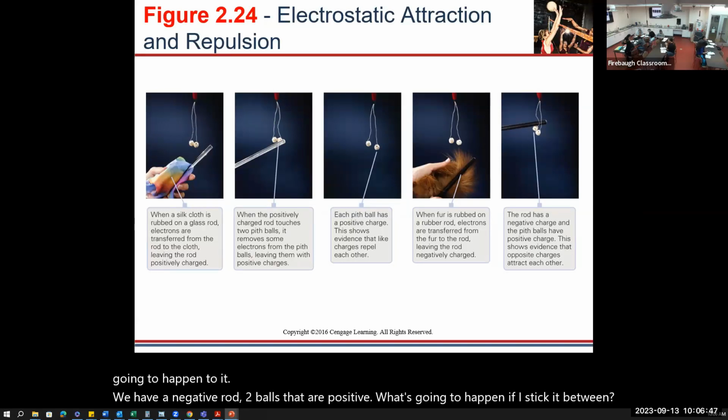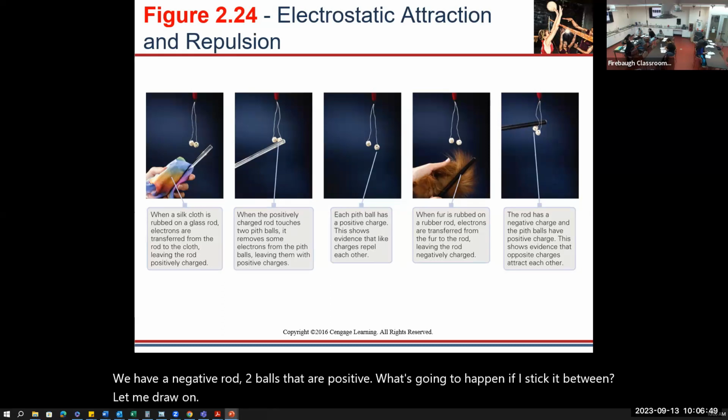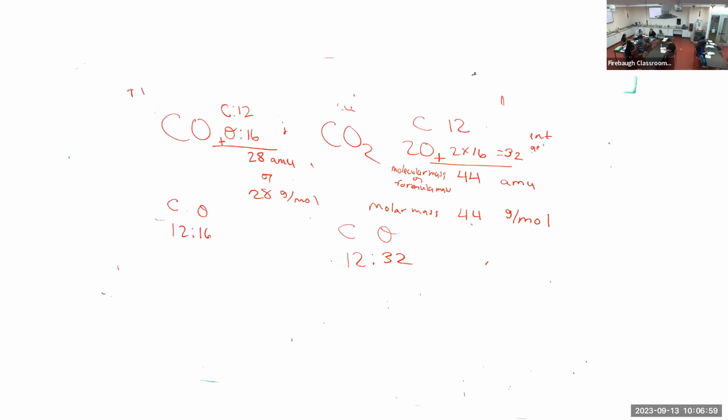Let me draw it on the board. Okay, here are my balls, they're positive. And my rod is negative. What's gonna happen? They're gonna be attracted to the rod. Yeah, the balls are gonna move towards the rod.